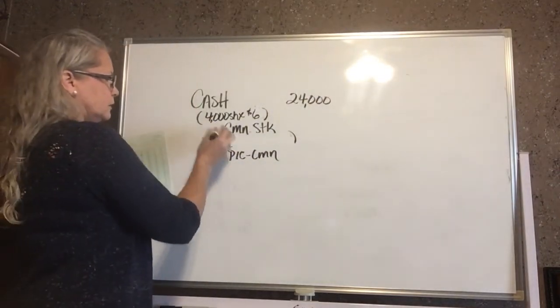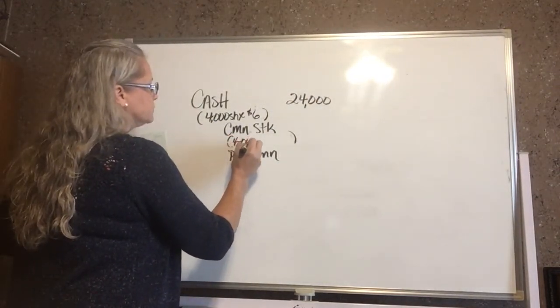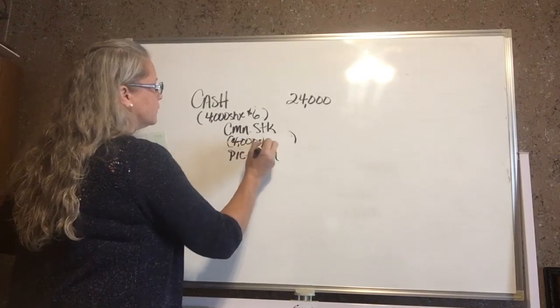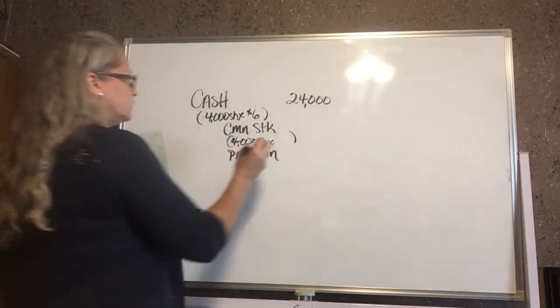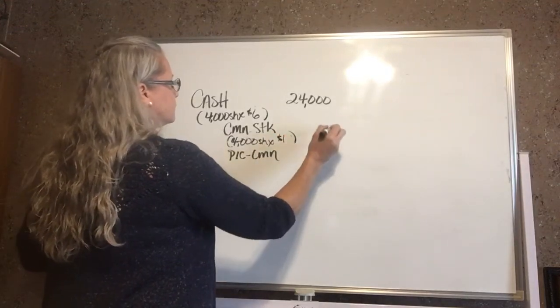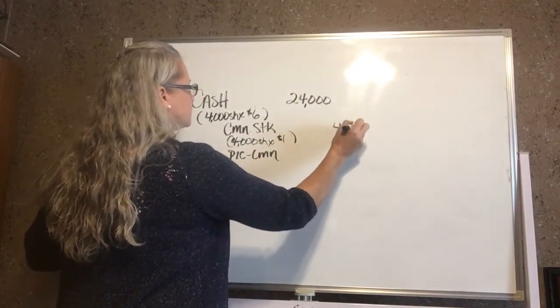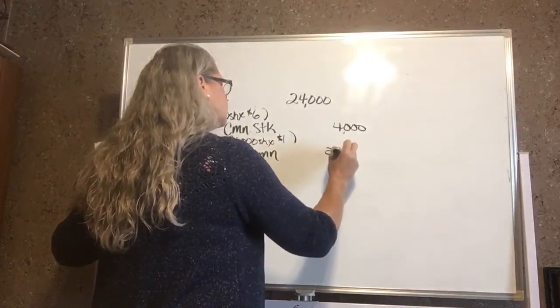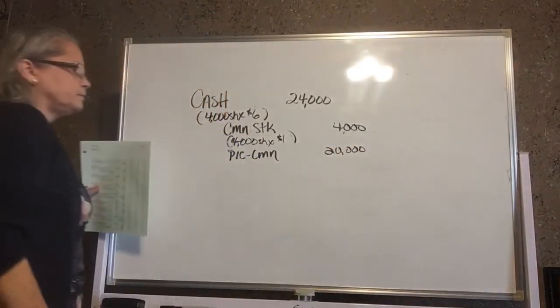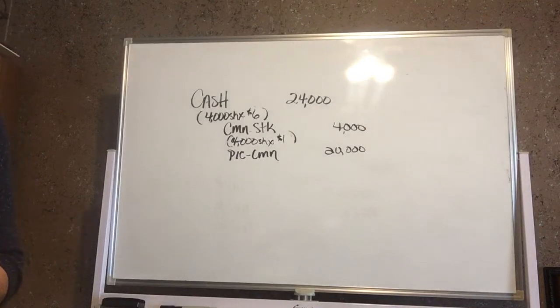We're still issuing the same 4,000 shares, but the legal capital now on these shares of stock is $1. So 4,000 goes in common stock, 20,000 goes into paid-in capital on common. Hopefully this is coming easier and easier.